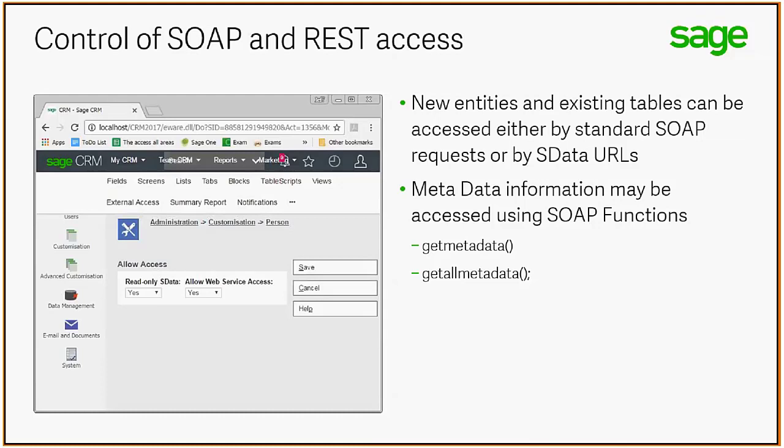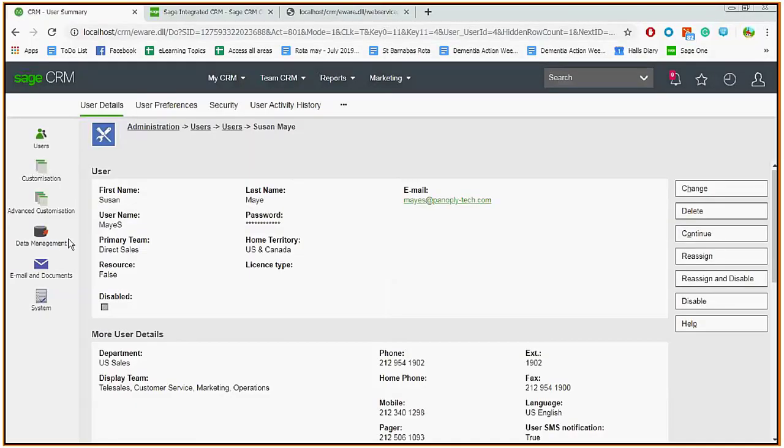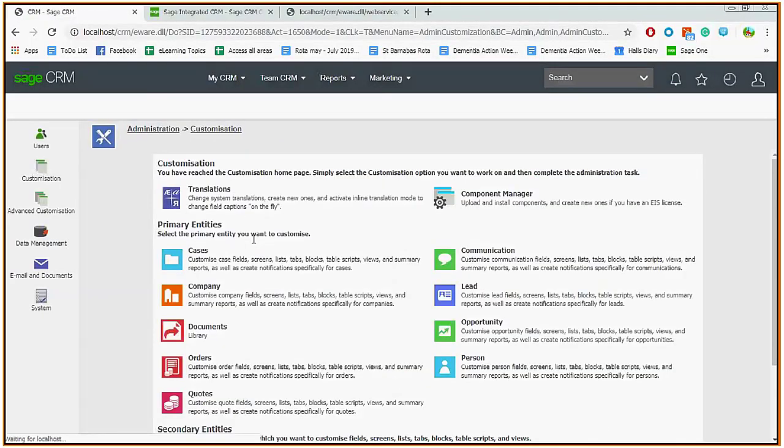Here we've got another thing to consider, which is if you've got the system set up to use web services, and you've got an individual user who is able to create a session through web services, we also have to know that there are individual data tables that are exposed as well. And this is down at the level of customization for the individual entities.